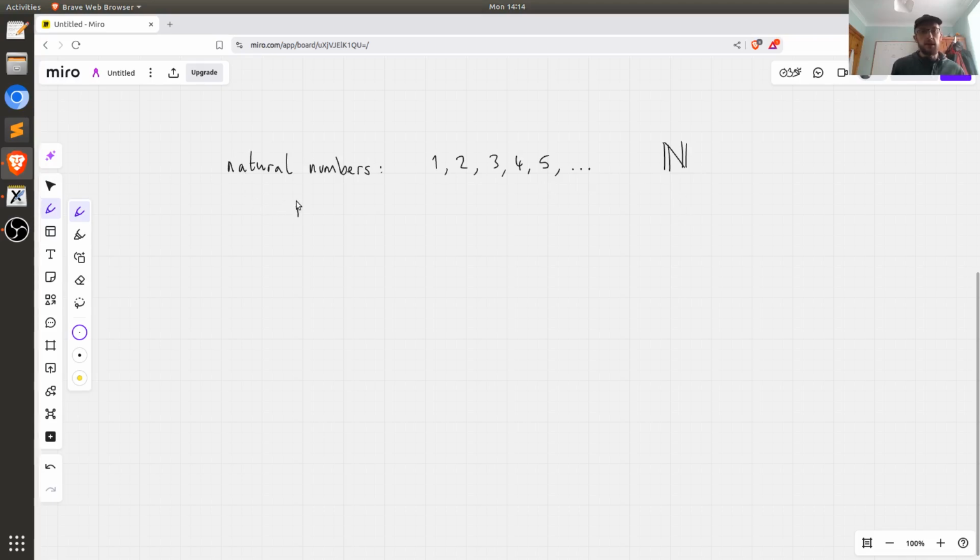Next comes the integers. So the integers include all the natural numbers and 0 and their negatives.